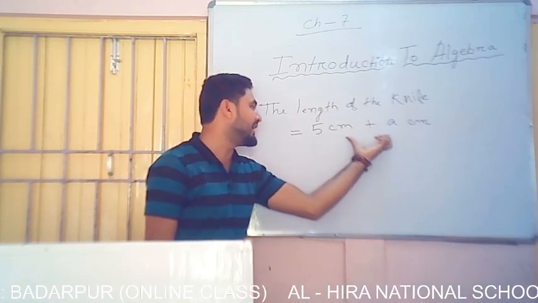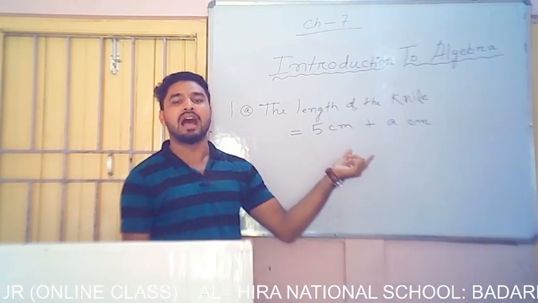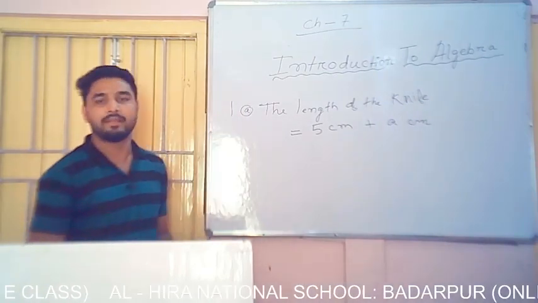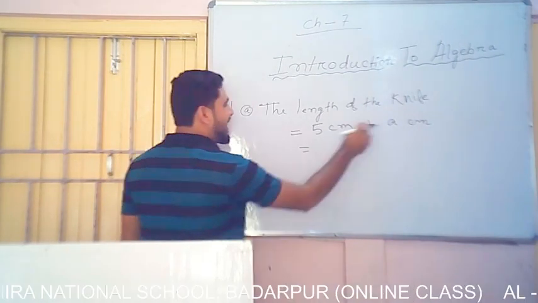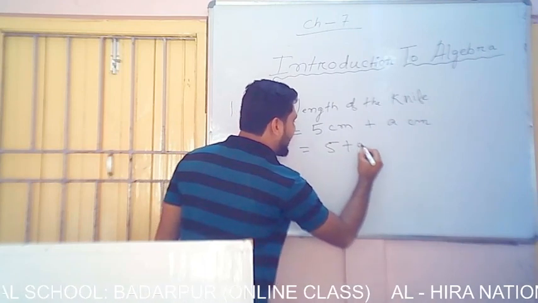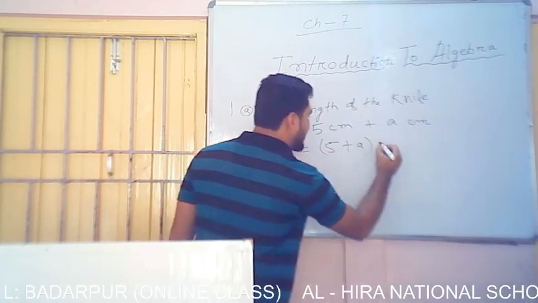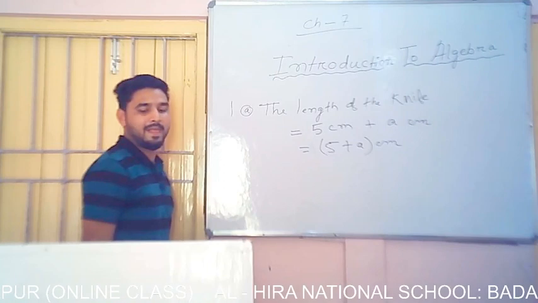Now if we add them, we will get the total length of the knife. So I can write (5 plus a) centimeter, with centimeter outside the bracket. This is your answer.